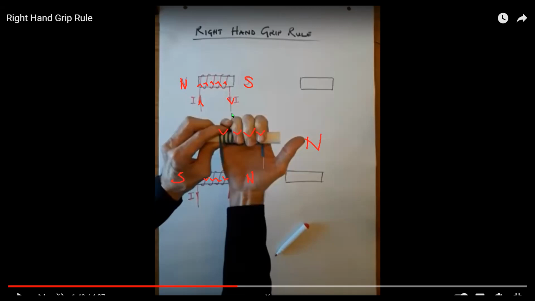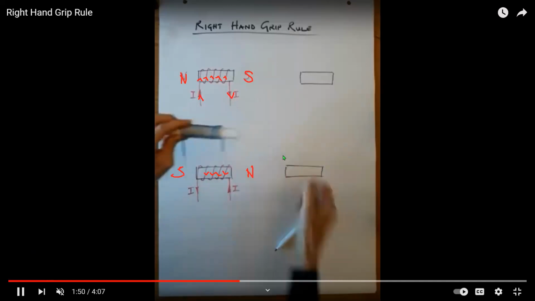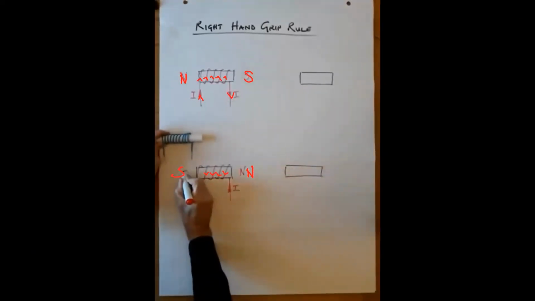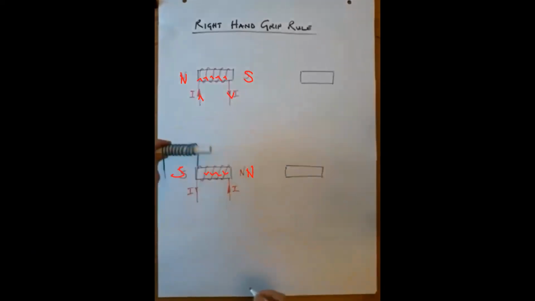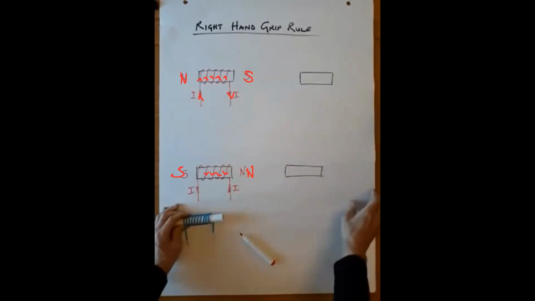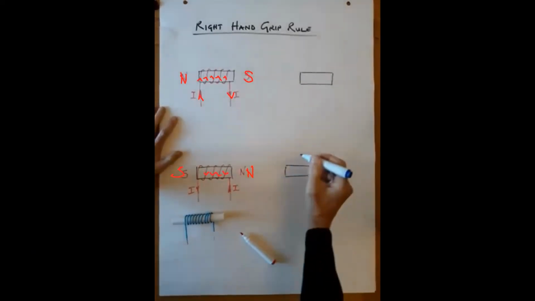So let's look at the next two drawings that he will draw, which is basically when the twirling changes. Let him complete this. So north and south. So the next two drawings on the right, he's going to change the twirling.